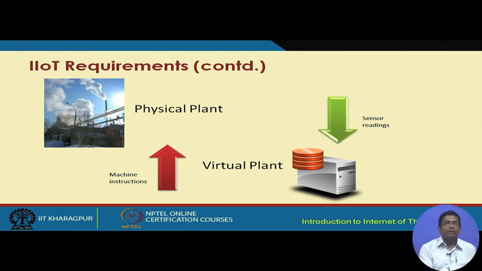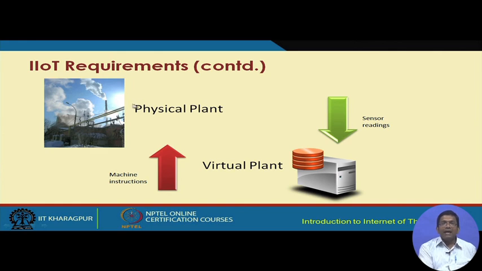So what is required is to have a virtualized version of a physical plant. Through IIoT systems, what we are trying to build is a virtualized plant corresponding to a physical industrial plant.